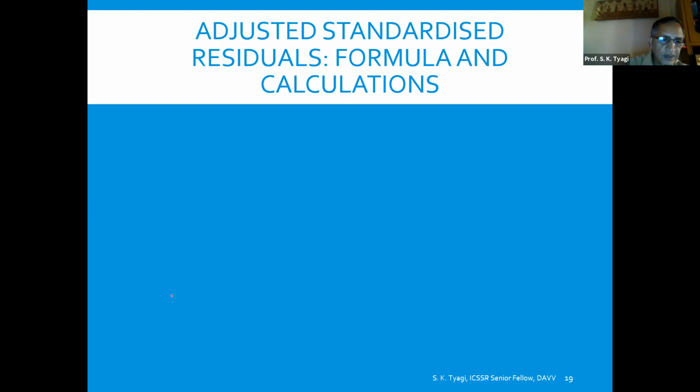So ASR, adjusted standardized residual, is FO minus FE divided by FE under root.